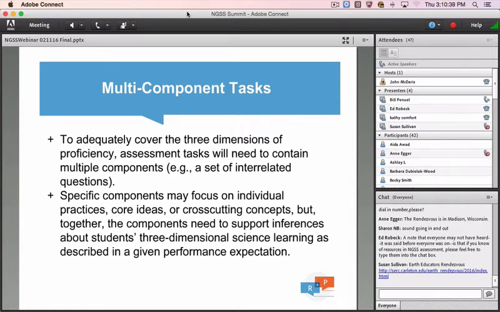But together, we need the components to work together to support our making inferences about students' three-dimensional science learning as described in a given performance expectation. I use this language of supporting inferences because of the conception of assessment that we share in the report and that I hold, which is that assessment is a process of argument from evidence. It's not a score.